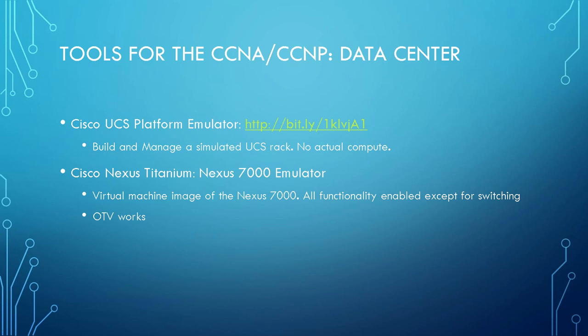I believe it's 2.2. And what this does is it gives you the web front end to manage a virtual UCS rack of gear. So you've got your B-series blades, your C-series blades, fabric extenders, pretty much everything that you would have in a standard UCS rack of gear. Now, the caveat is they're not emulated, simulated, anything.